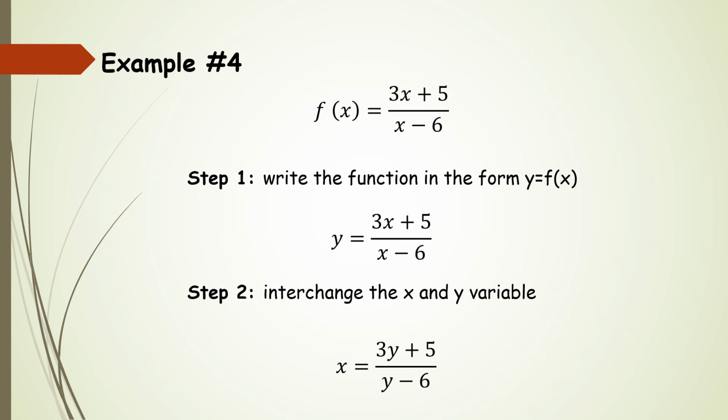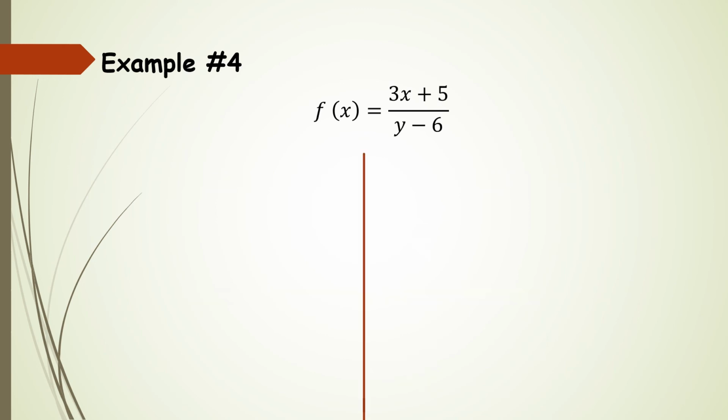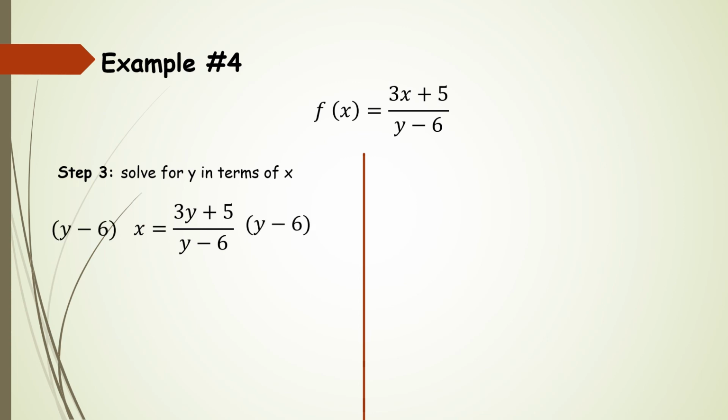So kasi nga, lahat ng x papalitan ng y at lahat ng y papalitan ng x. Step 3, solve for y in terms of x. So we have x is equal to 3y plus 5 all over y minus 6. Multiplying both sides by y minus 6. And this will be cancelled.